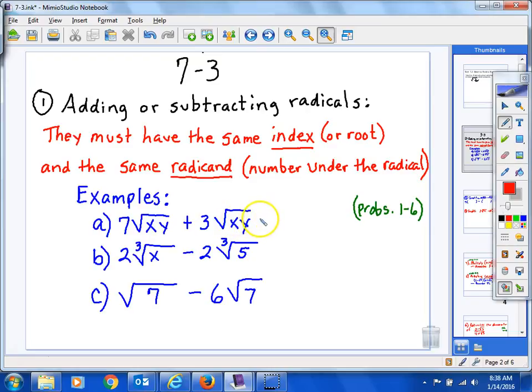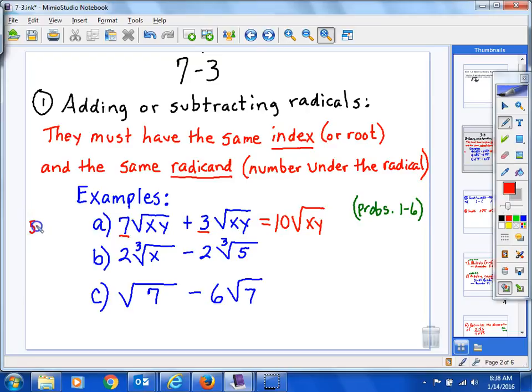So this is possible. And when I add radicals together, I'm really only adding the numbers in front of the radical. So 7 plus 3 is 10, and we're going to show that times the square root of x, y. Very similar to what you're used to seeing when you first learned about like terms. These are called like radicals.